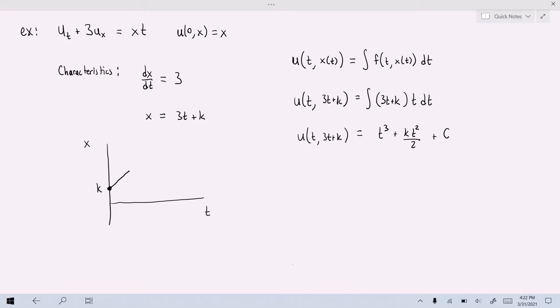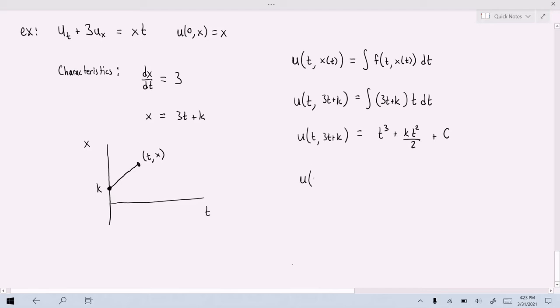So now we want to know what u is going to equal at an arbitrary point t, x. All right, so first things first, we should figure out what this constant c should be. To figure that out, we want to use the initial condition that we have. So along this characteristic, in particular, we know that this is what our solution looks like.